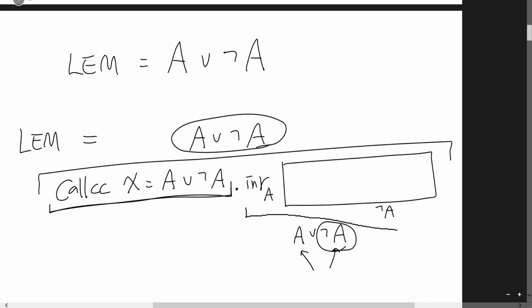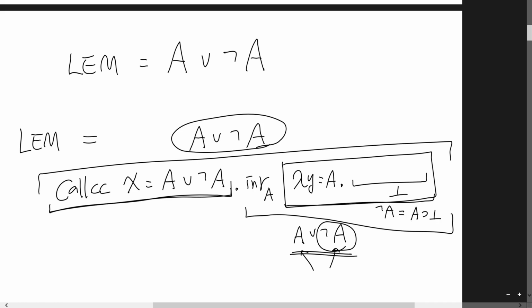This one has a type A disjunction negation A. Because we have chosen this injection right, this proof term, whatever it is, should have type negation A. So it's going to be lambda y A and another proof term of type bottom, because negation A is basically A implies bottom.